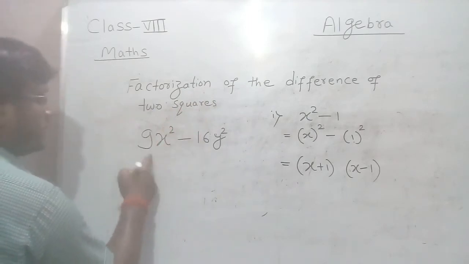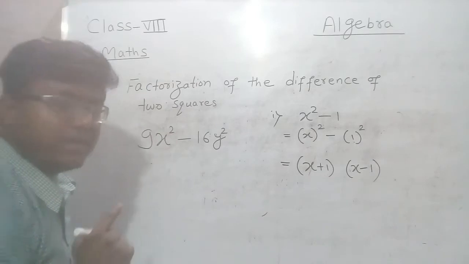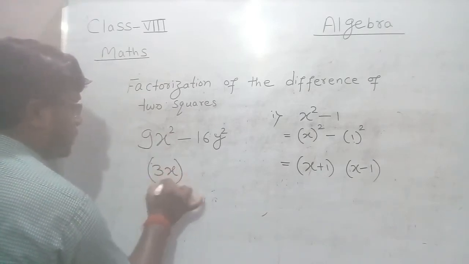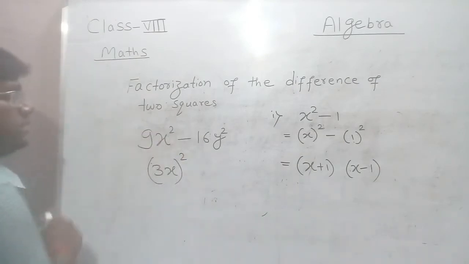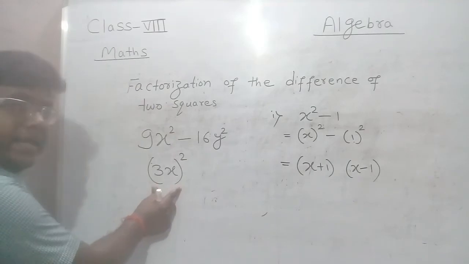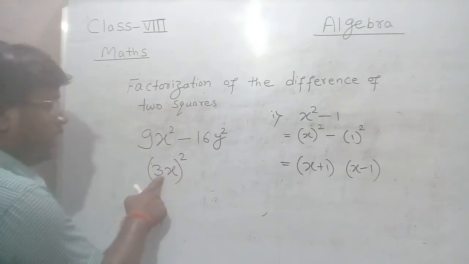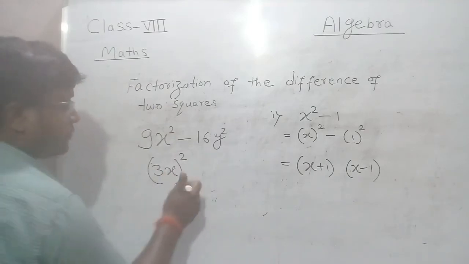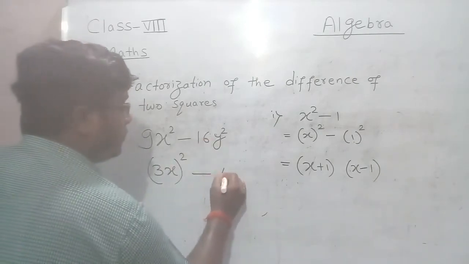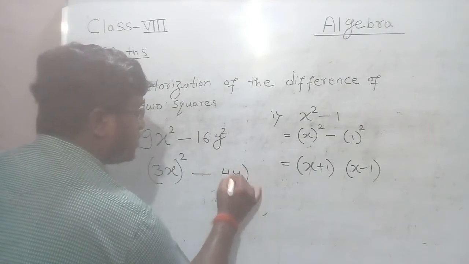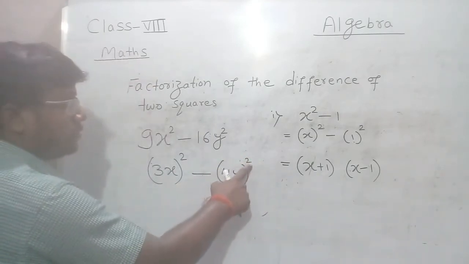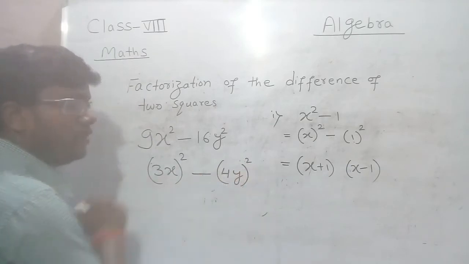We can write 9 as the square of 3, so 9x square is 3x whole square. If we use the bracket here, this square is for 3 and x both. Minus 16y square we can write as 4y whole square, where this square is for 4 and also for y.